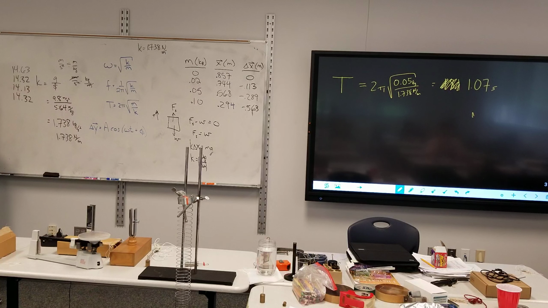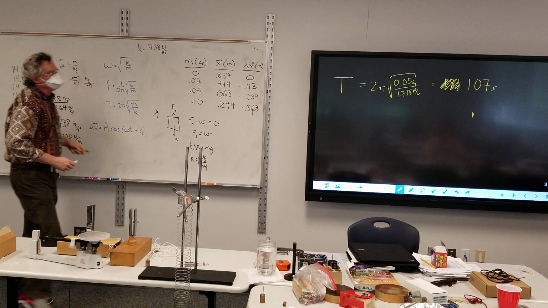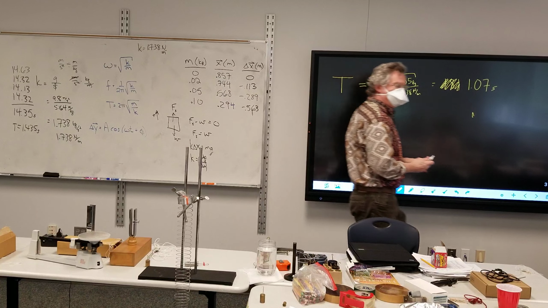So let's get the average of those. 14.35. And that was for 10 oscillations, so that would give us a period of 1.435 seconds, which is 40% off of what we have predicted.